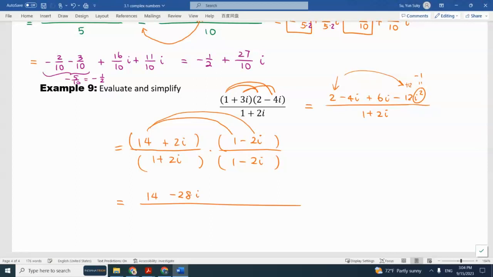You mean 20i? And then? 2i times 1 is 2i. 2i times minus 2i. Minus 2 times 2 is 4i squared. Right? Okay.